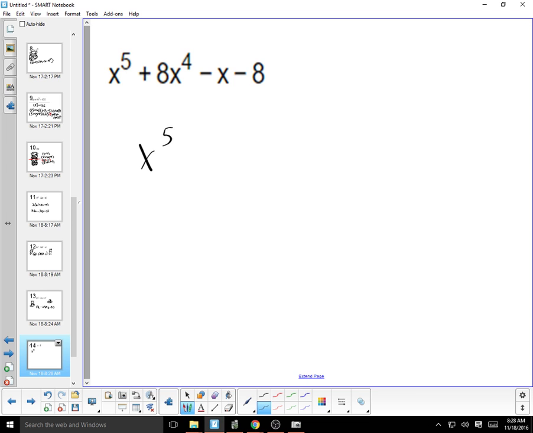x to the fifth minus x plus 8x to the fourth minus 8. As I look at this, I should rewrite it: x to the fifth minus x, plus 8x to the fourth minus 8. Looking at the left side, I'm going to factor out an x, which will leave me with x to the fourth minus 1.